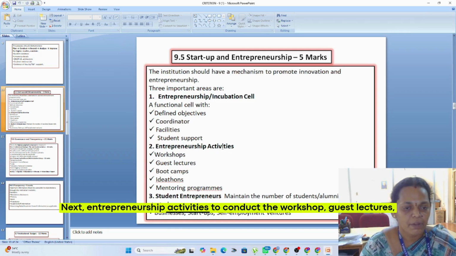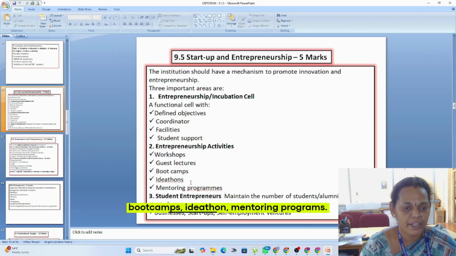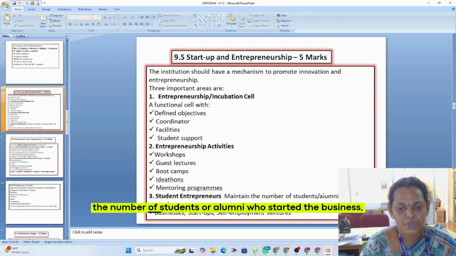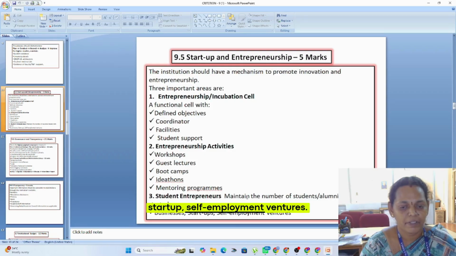Next, entrepreneurship activities: conduct workshops, guest lectures, boot camps, ideathons, mentoring programs. Next, third one, student entrepreneurship: maintain the number of students or alumni who started a business, startup, self-employment ventures.